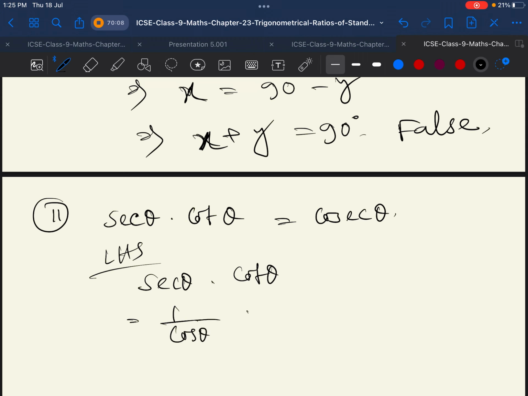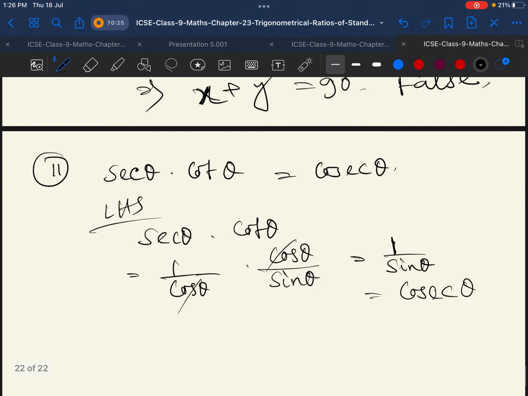Sec theta we can write as 1 by cos theta, the reciprocal of cos theta. Cot theta we can write as cos theta by sin theta. So cos theta cancels, then we will get 1 by sin theta. We know that the reciprocal of sin theta is cosec theta, so we can write cosec theta.